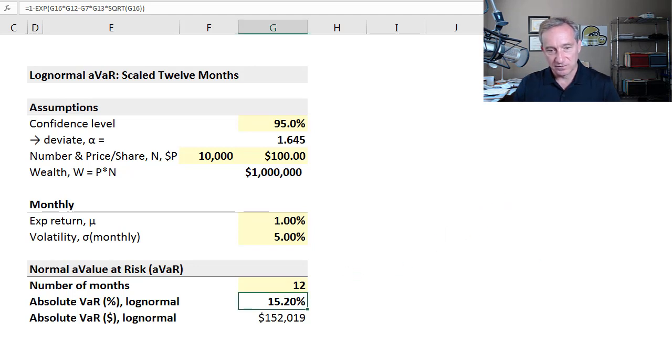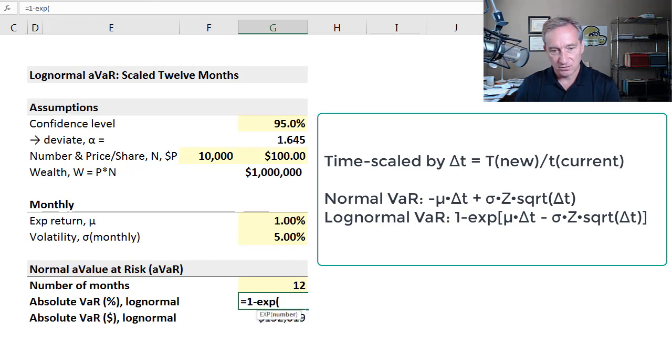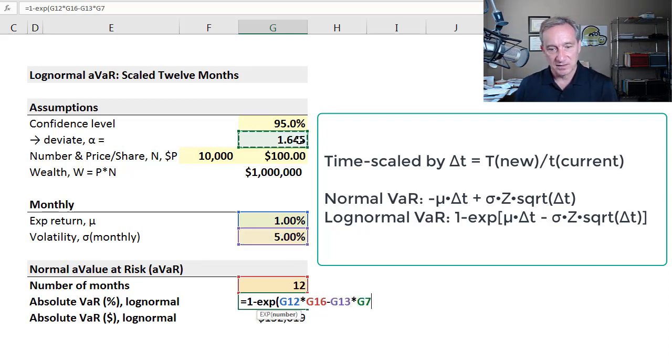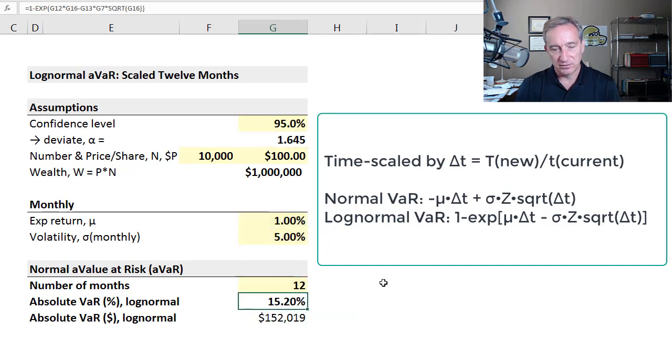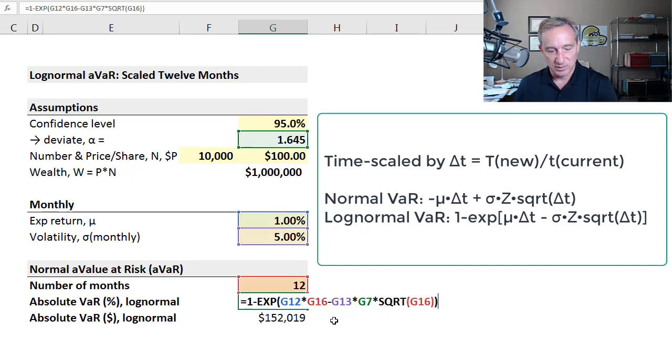That will give me the time scaled absolute VaR, so let's try that. 1 minus E raised to my drift, but I'm going to drift the one month over 12 months. And then I'm going to subtract my volatility multiplied by my deviate multiplied by the square root of the number of periods, 12 months in a year, close parens, 15.2%.